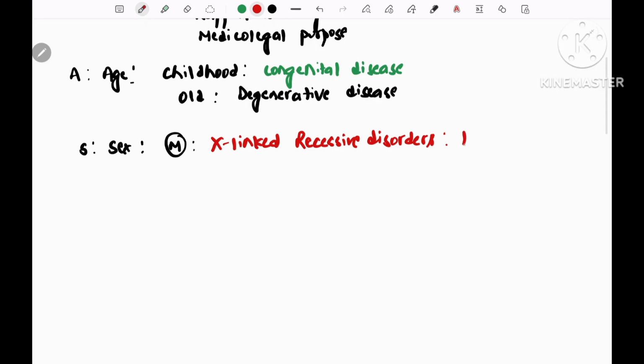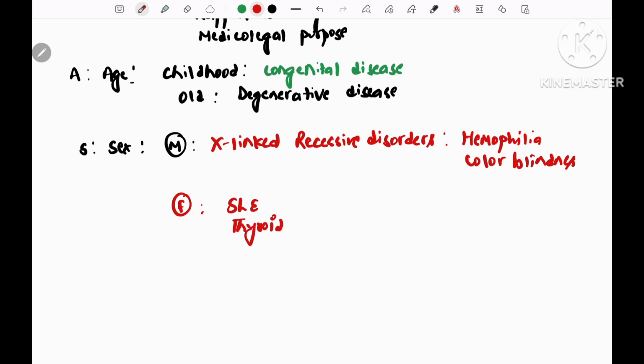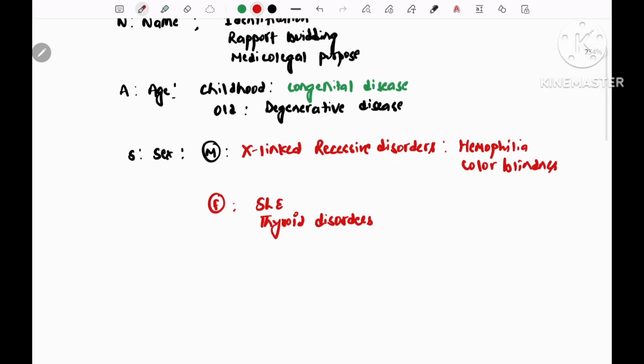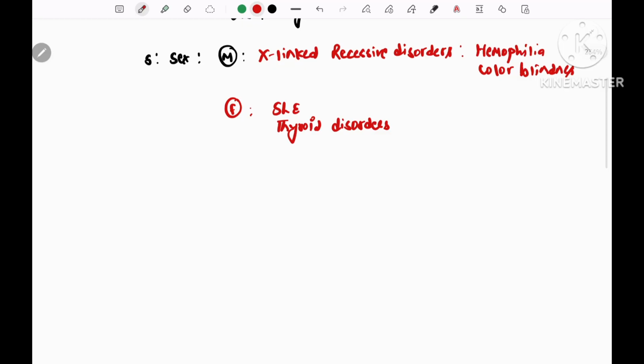Like hemophilia and color blindness. And in females, some diseases are more common, like SLE and thyroid disorders. These are most frequently found in females. So due to this reason, we take history of sex.